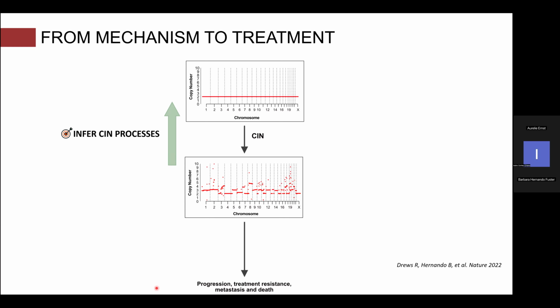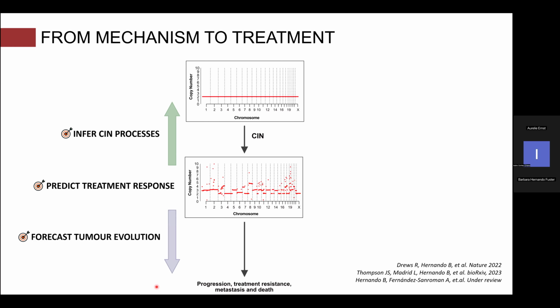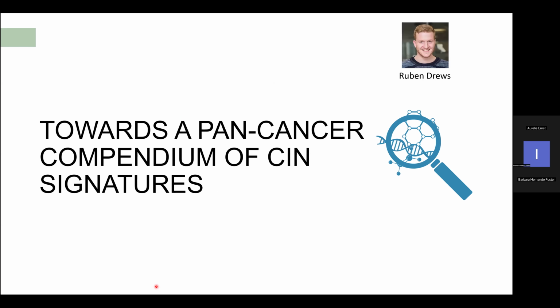In the second part of my talk, I will present how we can use these mechanistic insights to predict treatment response. And in the last part of my talk, I will present a recent work in which we use these mechanisms inside these mutational processes to forecast tumor evolution. So let's start with the first part.